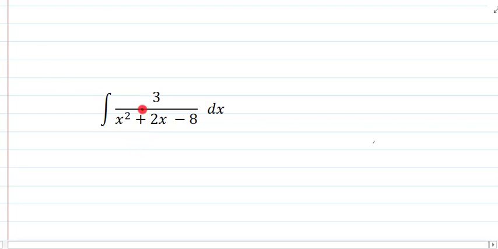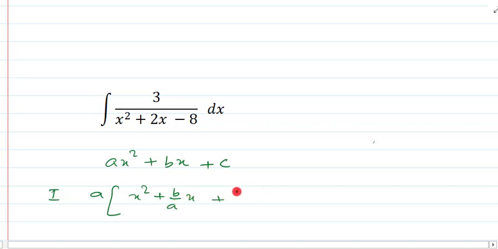We will have any quadratic polynomial, like ax square plus bx plus c. The first step is taking a common, meaning making the coefficient of x square as 1. So it is x square plus b upon a x plus c upon a.